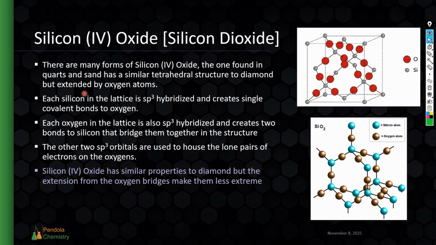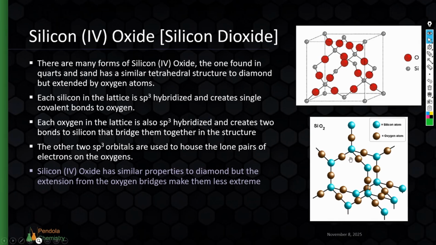So each silicon has an sp3 hybridization and creates a tetrahedral structure to an oxygen. Those oxygens then bridge the connection between the silicons, creating an expanded tetrahedral structure we see here.